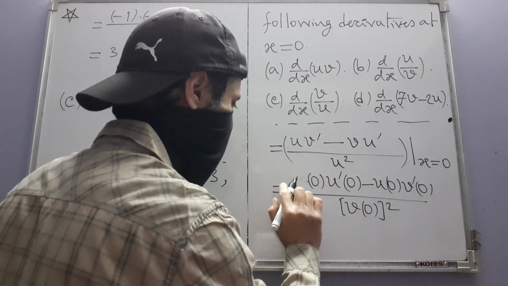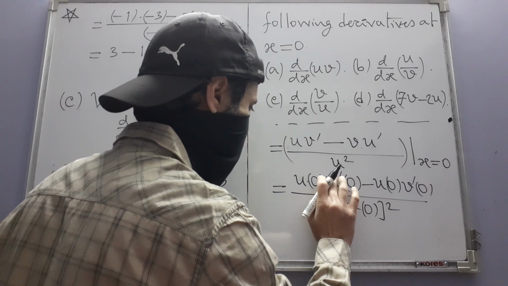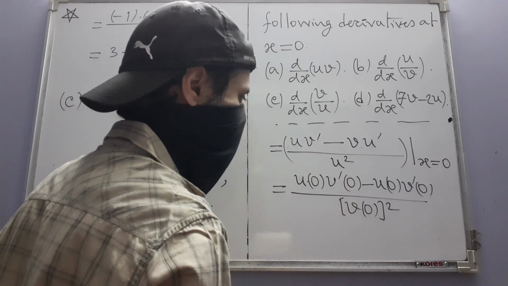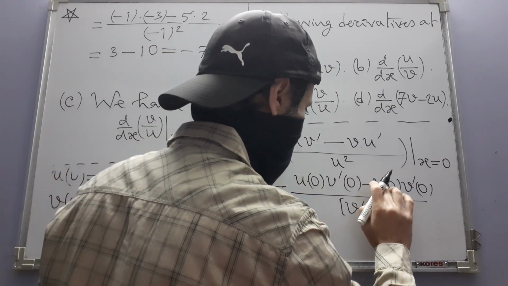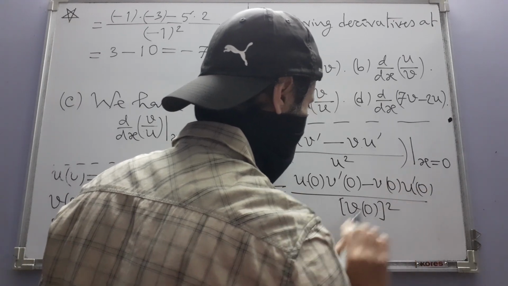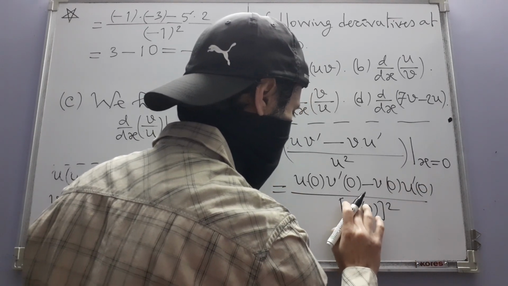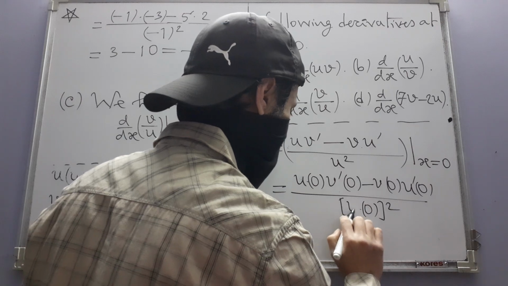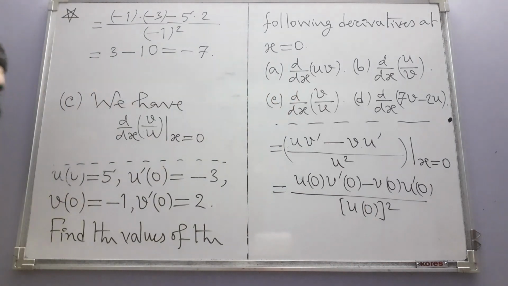So that means u of 0 v prime of 0 minus v of 0 u prime of 0 divided by u of 0 square. Okay. Now u of 0 was what? 5. Here we have to change everything.